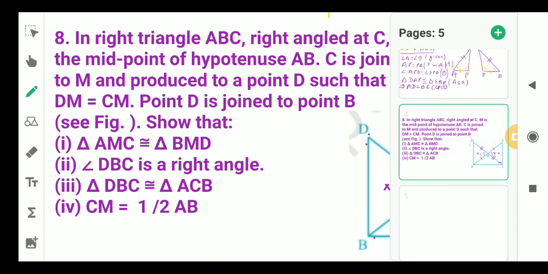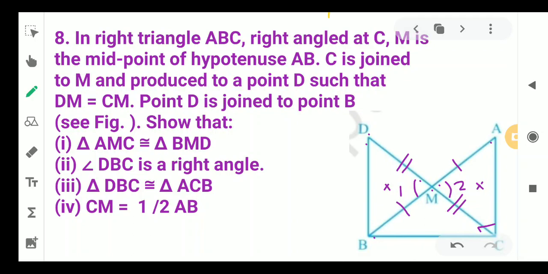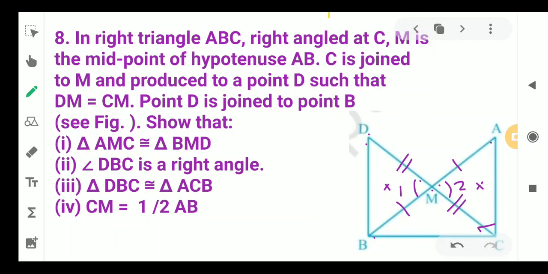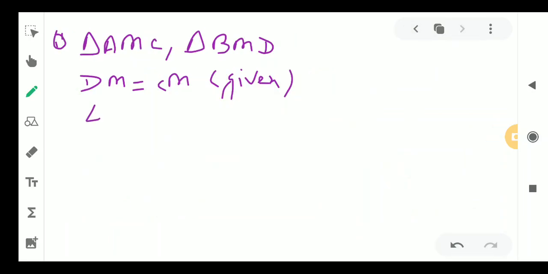Now let me take the triangles first. Triangle AMC and triangle BMD. Now what will we write? DM equals CM. This is given. Then angle 1 equals angle 2, vertically opposite angles.